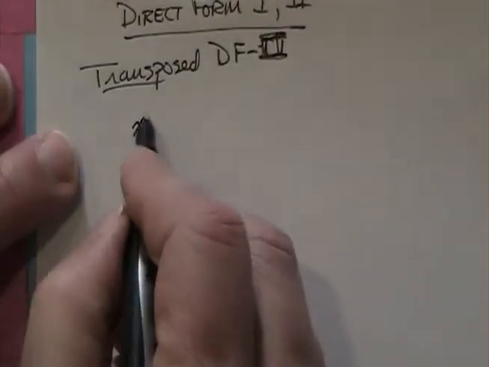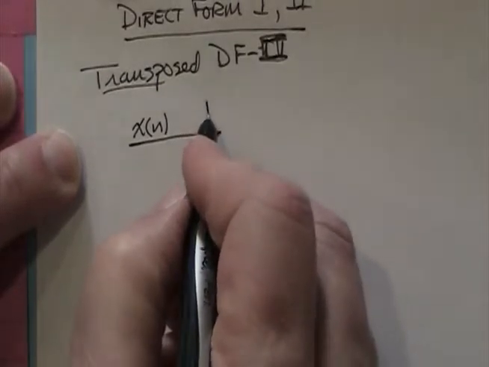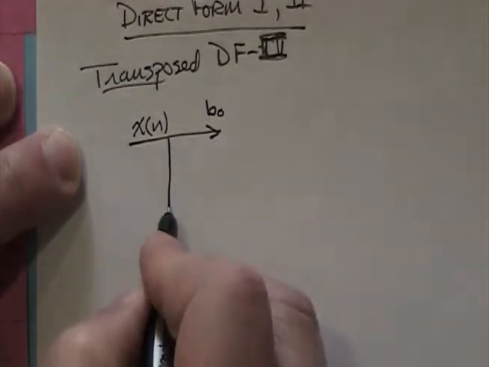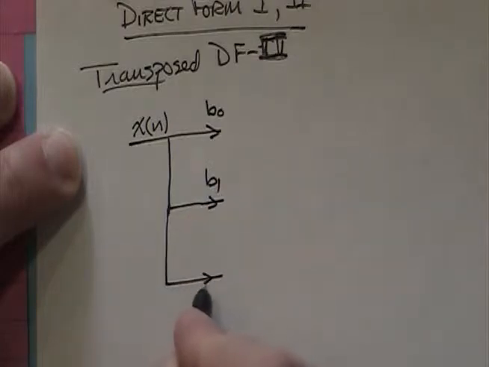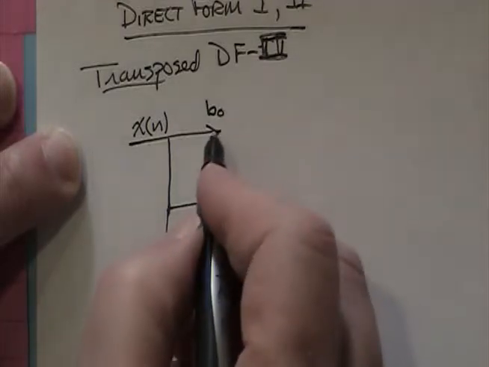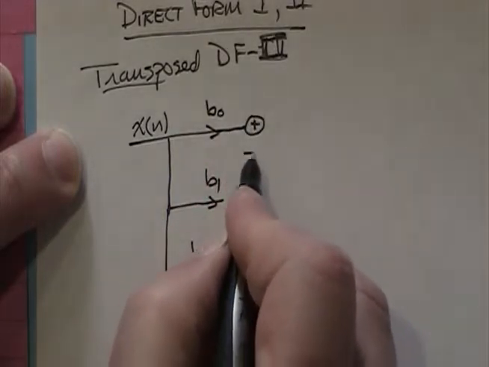So this is x of n coming into the filter. I scale on a feed forward path, B0, B1, B2, and then this here, this is actually a summing block.